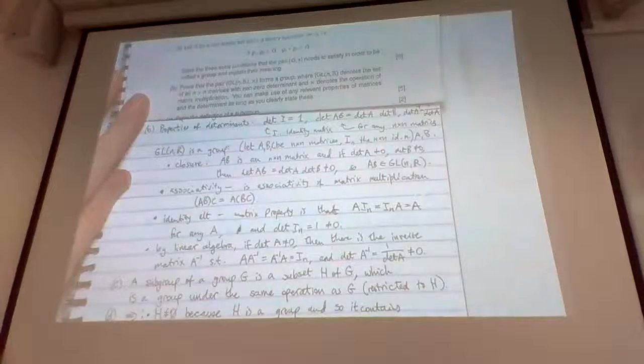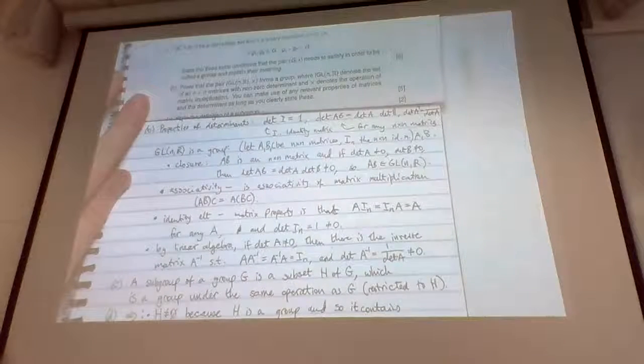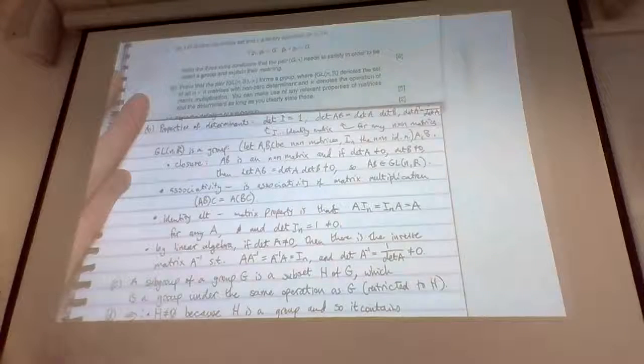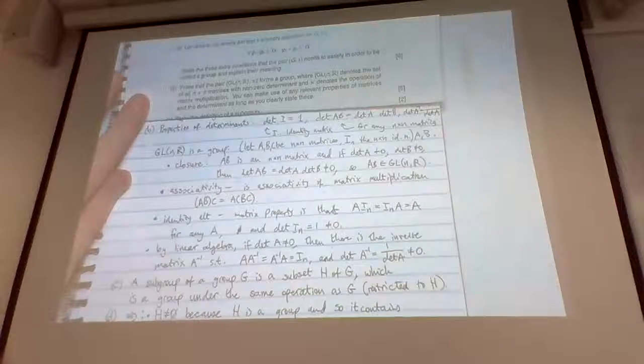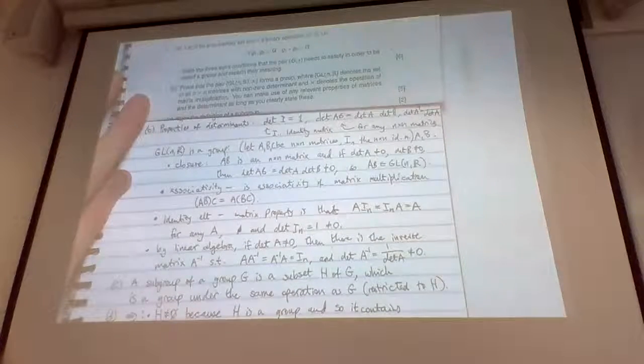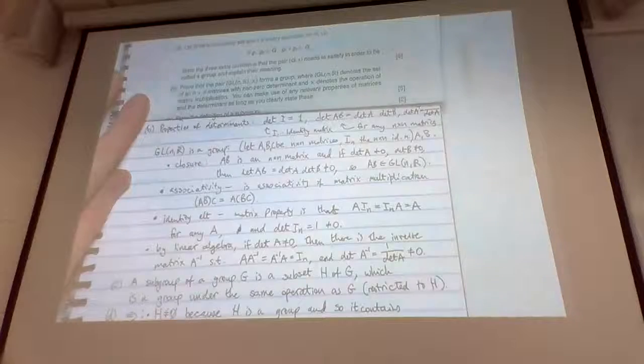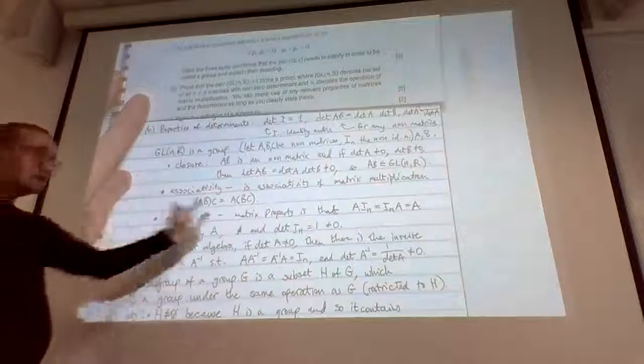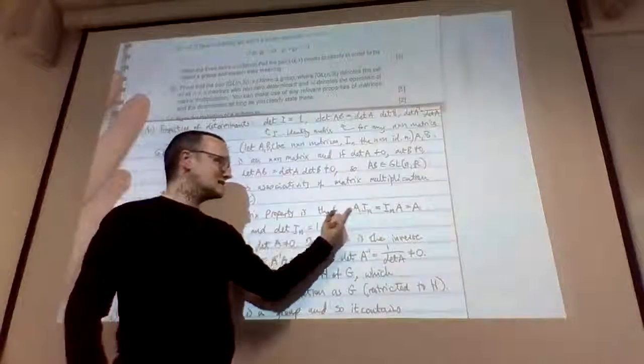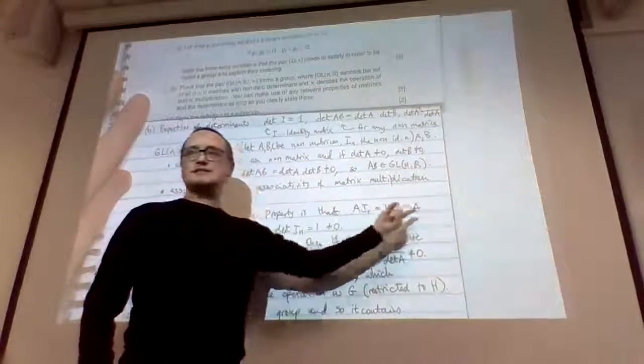Associativity. He just says, well, associativity of matrix multiplication. Okay. It is kind of composition of functions under a different guise. Anyway, identity element. A matrix property that IN has is when you multiply by any matrix, it gives you back the same matrix. Fair enough.